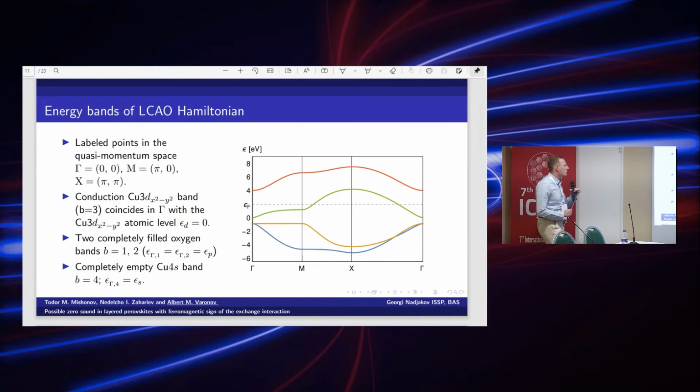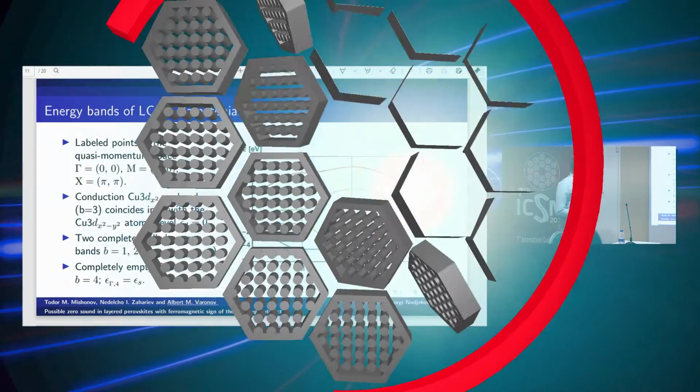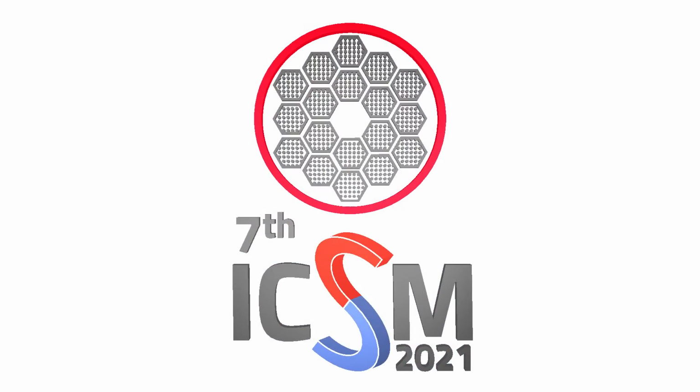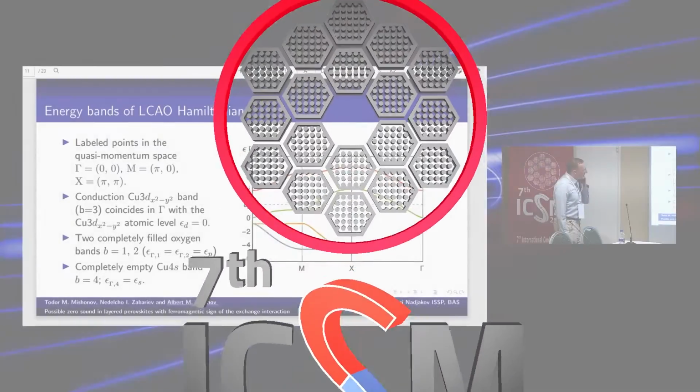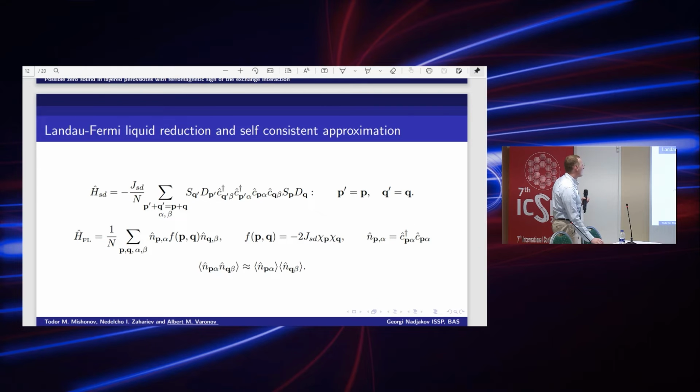The zero energy level is the energy level of the d orbital, and the band for the d orbital. We see how it evolves through the momentums in k-space, and the top is the completely empty 4s orbital of the copper atom.